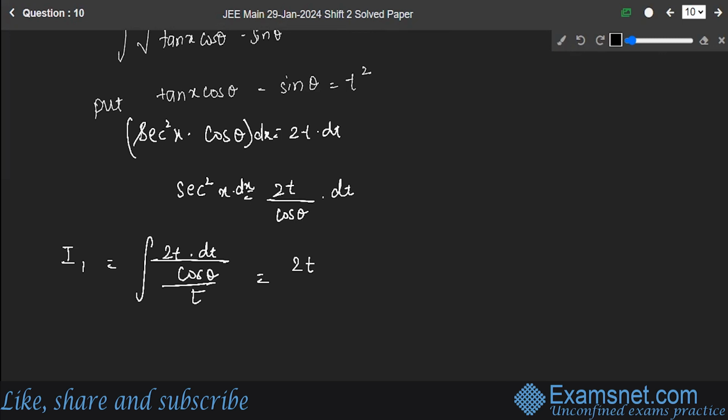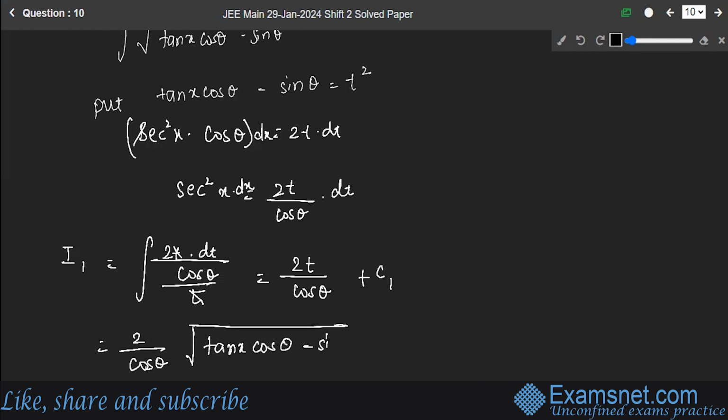The t cancels and you have 2 upon cos theta outside, so 2 upon cos theta into t plus c1. Filling in the value of t, this is 2 upon cos theta root of tangent x cos theta minus sine theta plus c1.